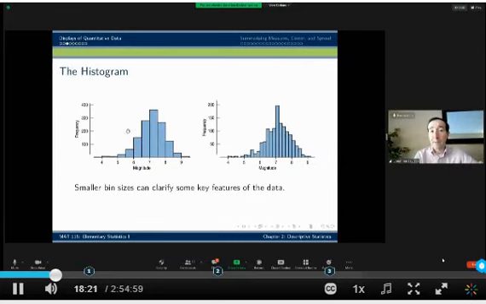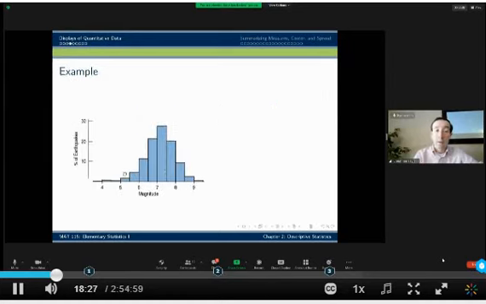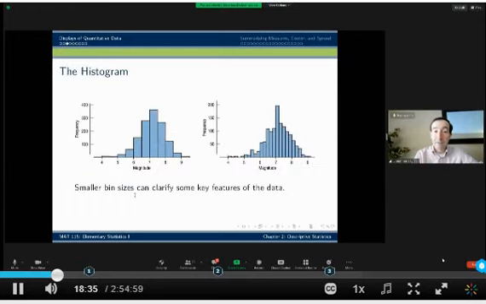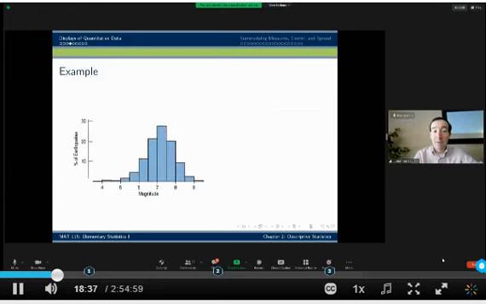So this is a frequency histogram where we're simply counting how many times we see a certain value in a given range. This is a relative frequency where instead I'm charting the percentage in each bin. But if you look carefully, you can see that the shape here and the shape here are exactly the same. Obviously, we zoomed in just a little bit because of the size on the screen.